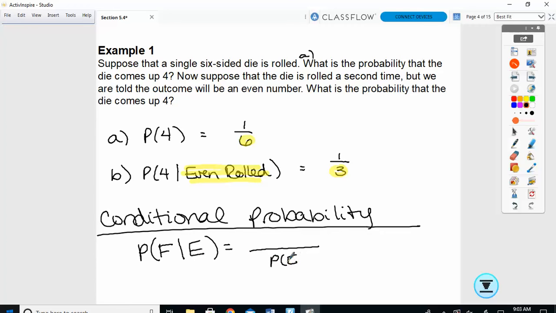So we're only looking at the probability of E. And the top would be the probability that both things happen. The probability that it was a 4 and an even number. So you don't have to memorize this, it's on the formula sheet. What you really, really need to focus on is the denominator is your condition.